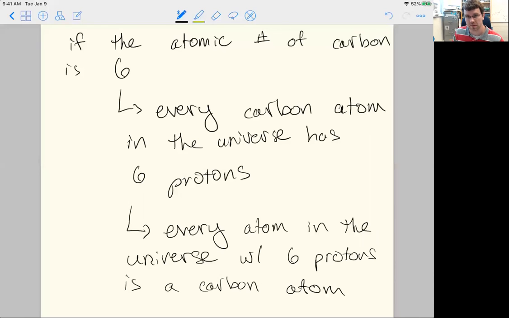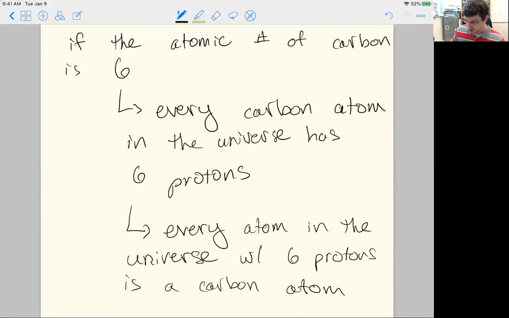Based on how the atomic number is defined, every element in the universe with 6 protons has to be a carbon atom. It has to. And every element that is a carbon atom has to have 6 protons. The other subatomic particles can fluctuate around quite a bit, but not the protons. If you change the number of protons, you change the identity.